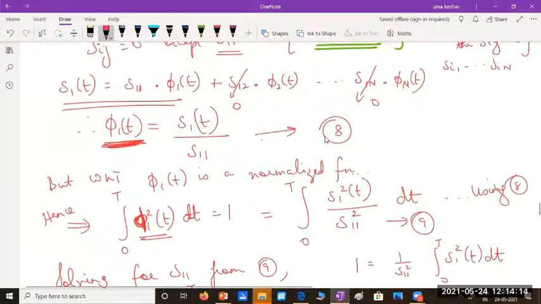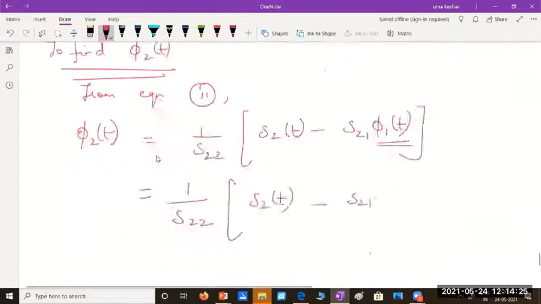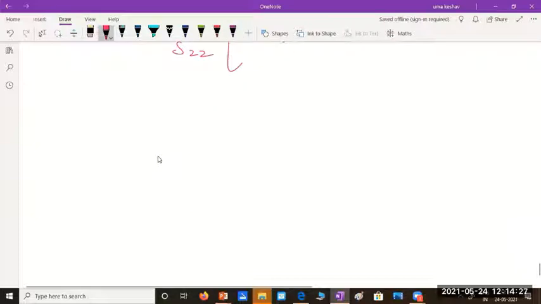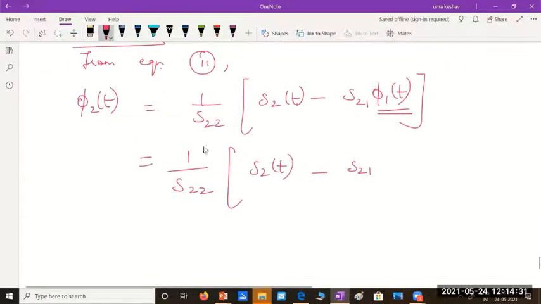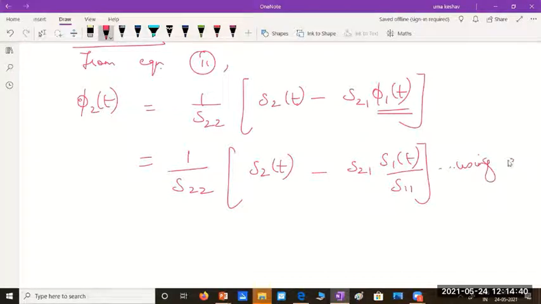Phi 1 of t from equation 8 is S1 by S11. The first fundamental orthonormal basis function phi 1 of t is S1 of t by S11. I have used equation 8 for this.